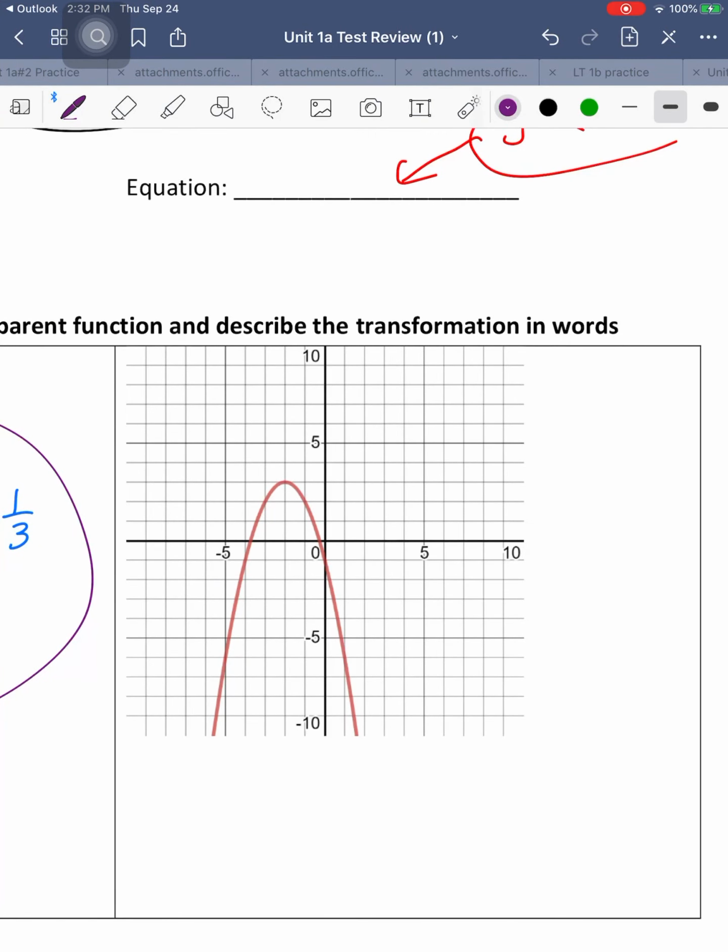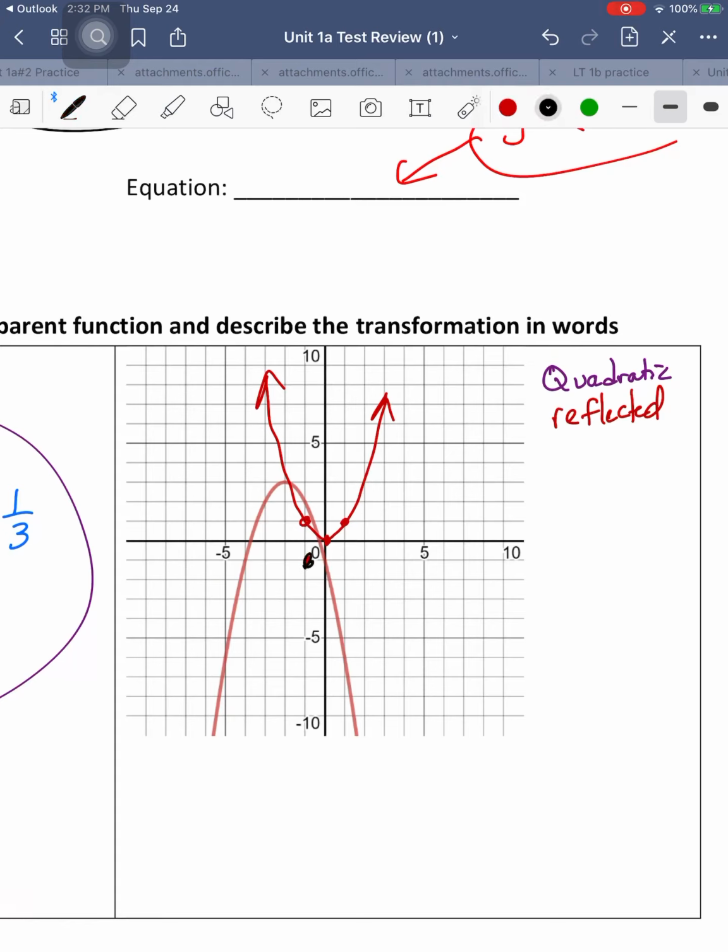Next, so what transformations happen? First, we look and we see it's a quadratic. And for a quadratic, typically, the key coordinates that I had you remember are right there, (0, 0), (1, 1), and (-1, 1). What's happening? It's not a U-shaped graph, well it is, but it's upside down. The only way you can do that is if it's reflected.